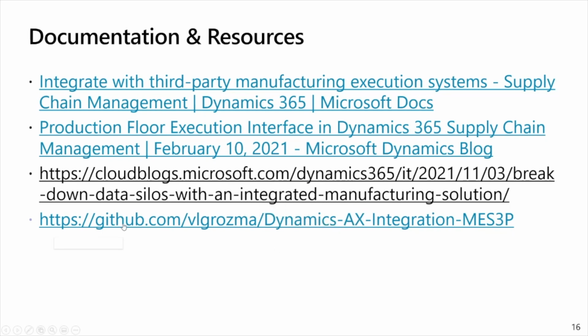And the last one is a link to a GitHub site where all the code that Vlad just walked you through is available as sample code for you to take. If you try to build it, you can use that as a starting point and then revise it from there. So those are the resources you can look at if you're interested in this.